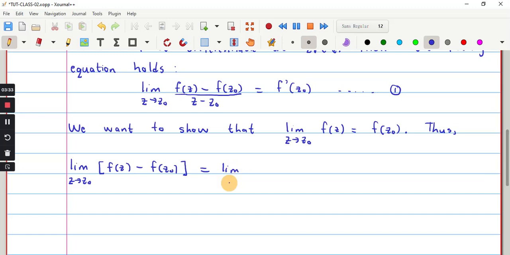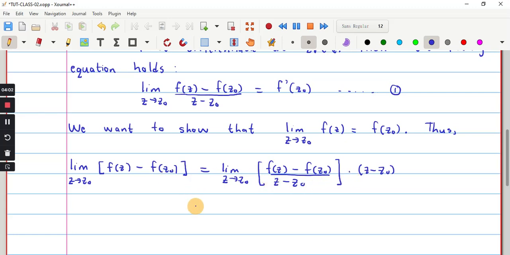So I will have the limit as z approaches z0 of f at z minus f at z0 all over z minus z0, multiplied again by z minus z0, so that the quantity on the denominator will cancel.